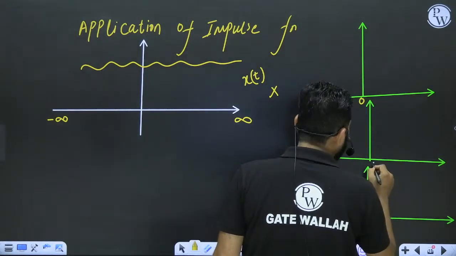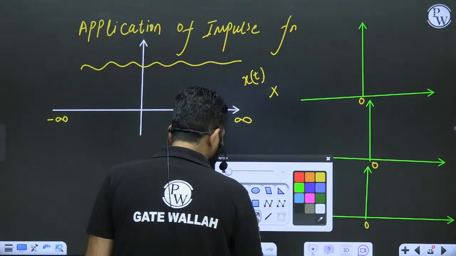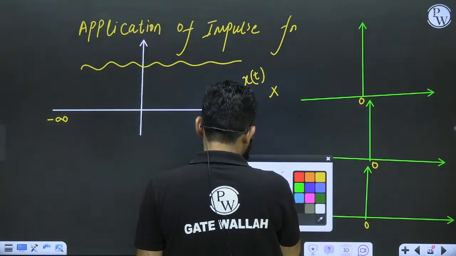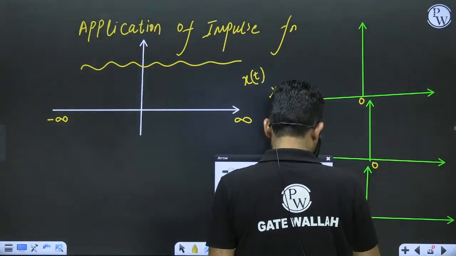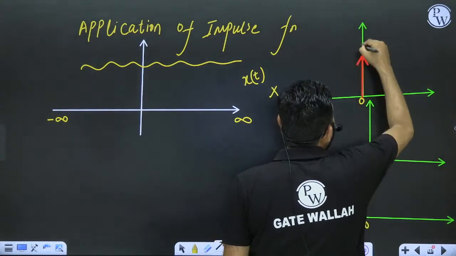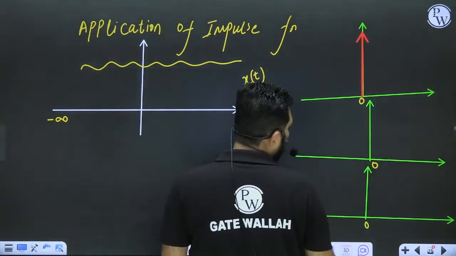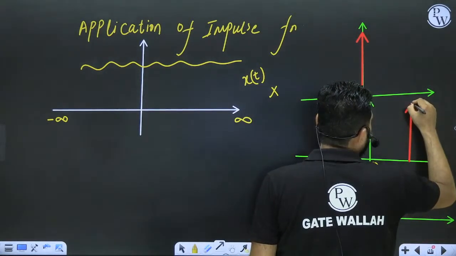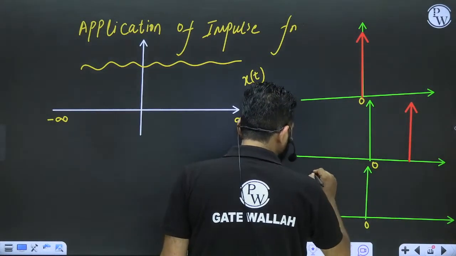This is 0. One impulse function exists at t is equal to 0, one impulse exists here, and one impulse exists here.